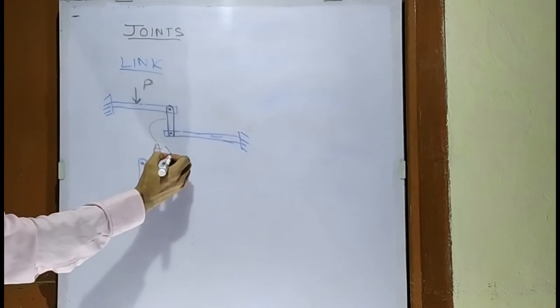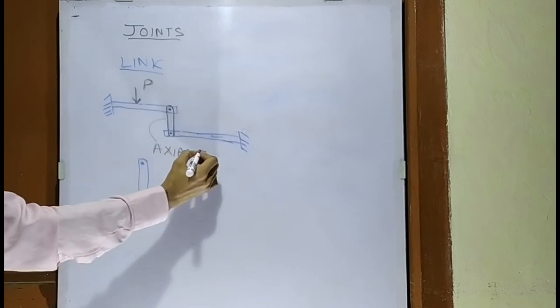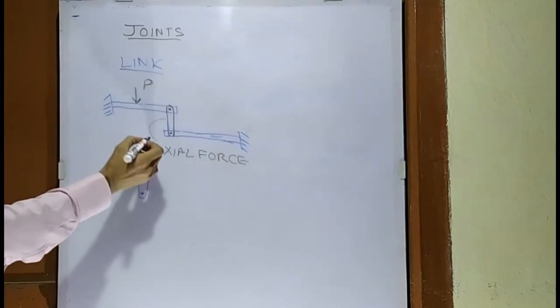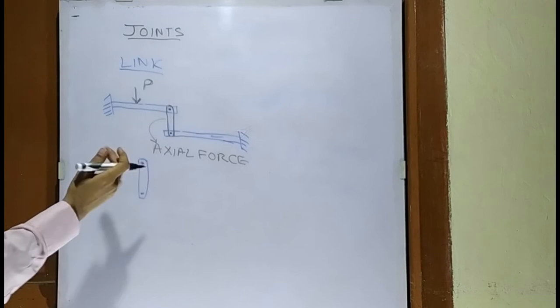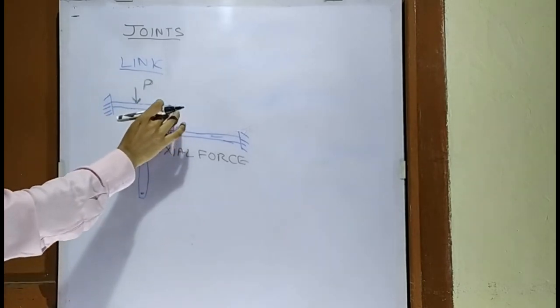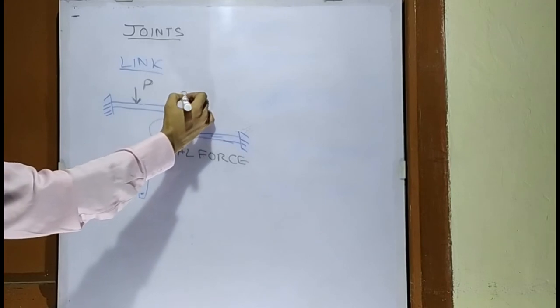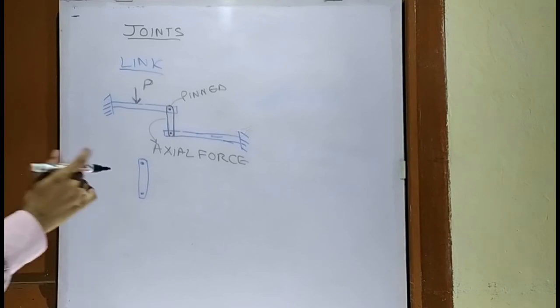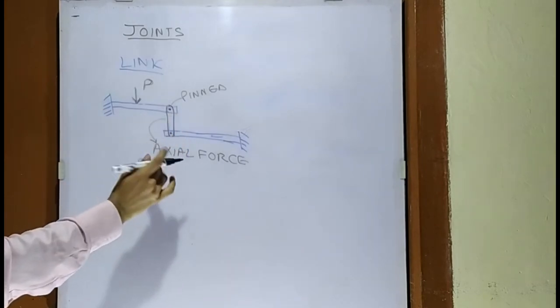This link can carry only axial force. It cannot take any moment. Why will it not take any moment? Because at this point the connection is a pinned connection, so it will not take any moment.